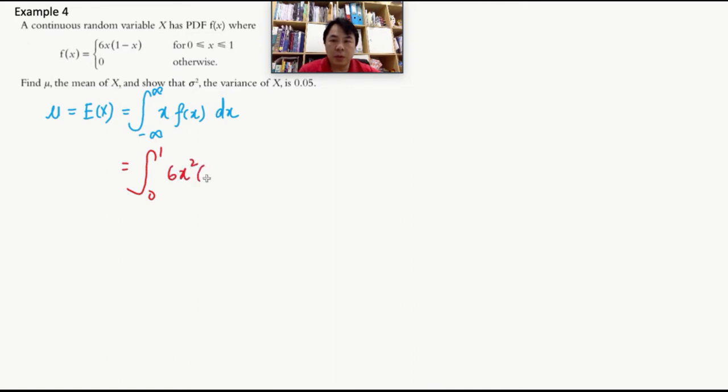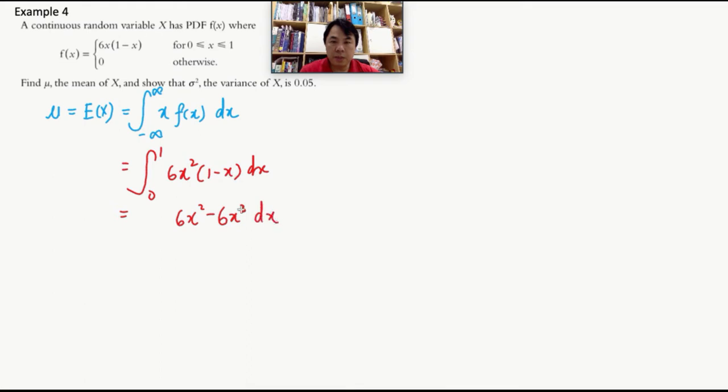We have x squared dx. Okay, so there you have it. Now from here we can integrate this quite easily. Before that, let me rewrite that properly.